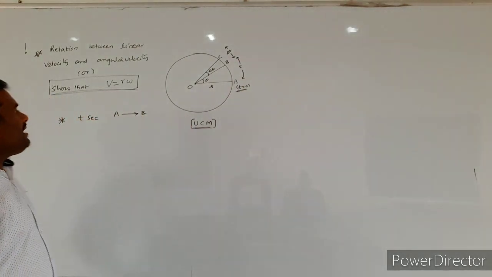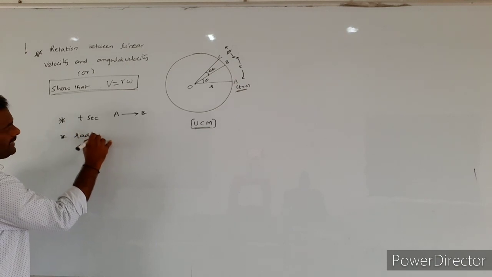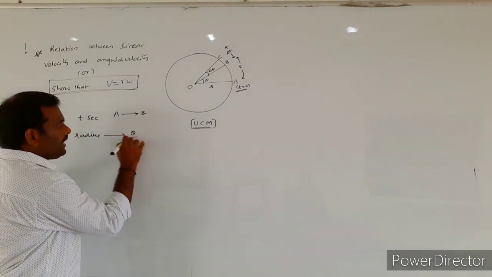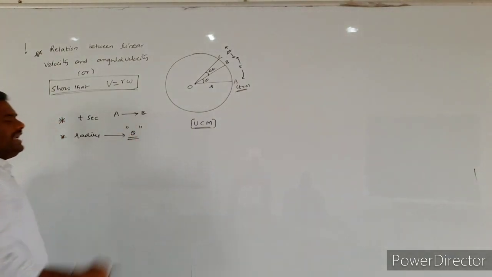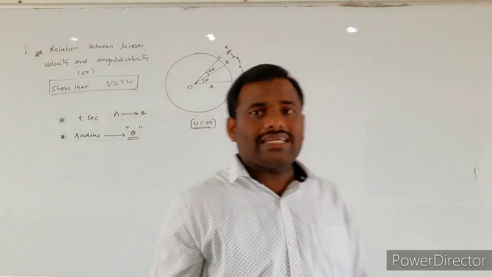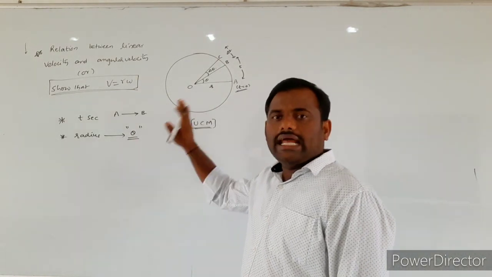During that time interval of t seconds, the radius vector covers an angular displacement of theta radians.